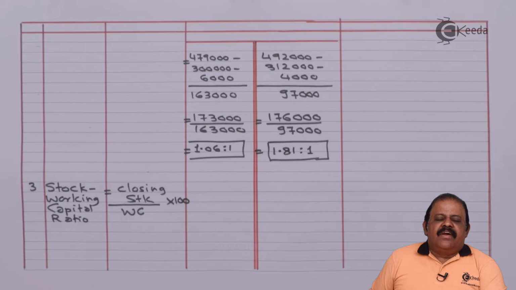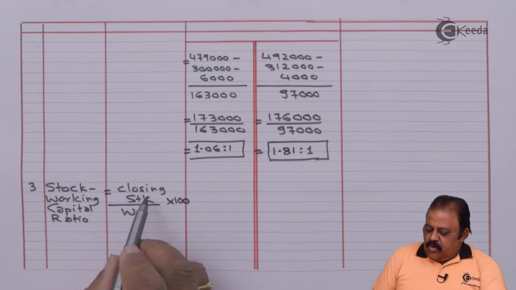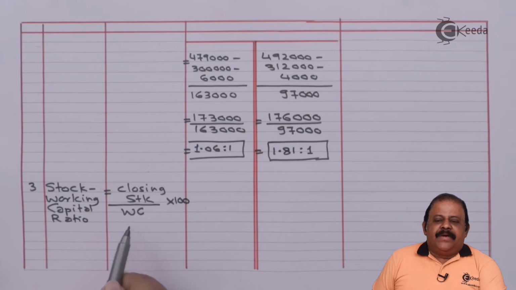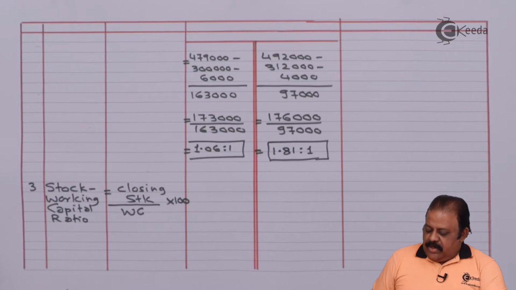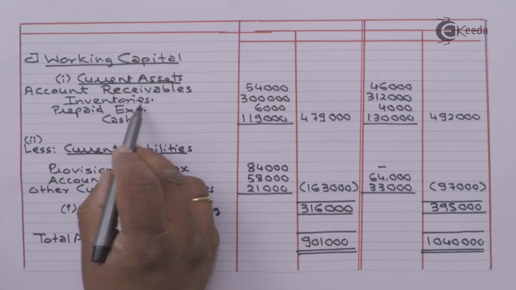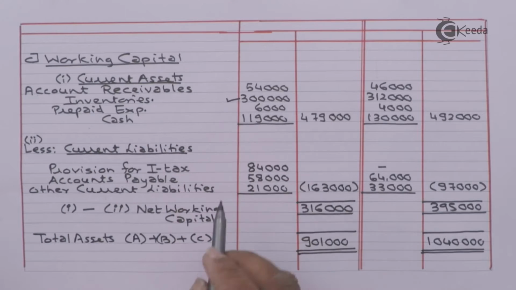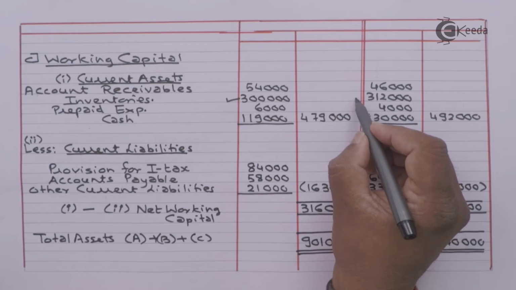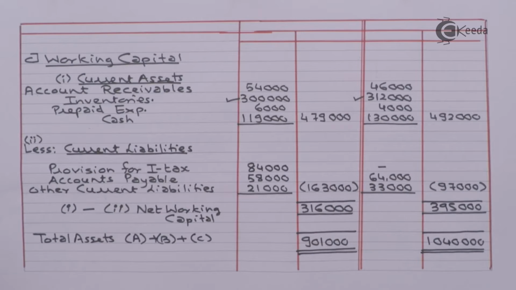Formula for stock working capital ratio is closing stock divided by working capital multiplied by 100. Working capital here means current asset minus current liabilities. For first year, stock is 3 lakhs. For second year, 3,12,000. Working capital for first year 3,16,000.